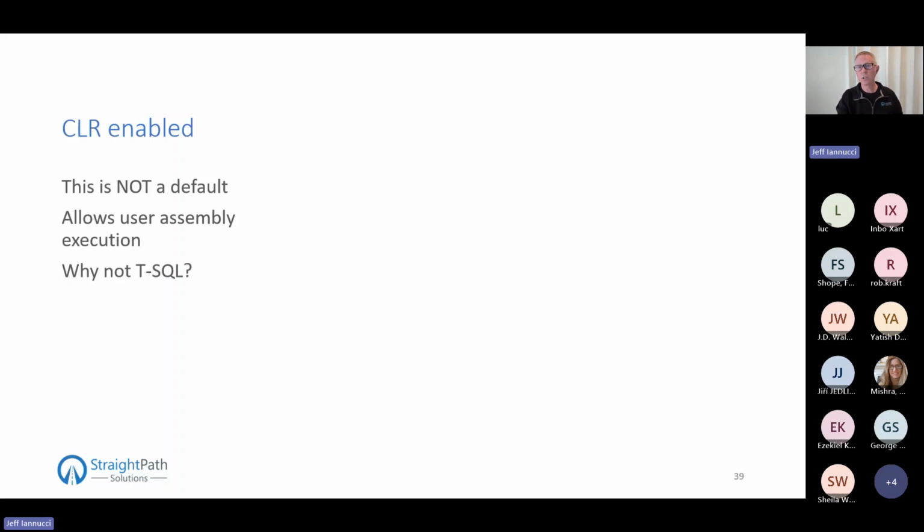So I would say if you are still using CLRs, go back and see why we need these at all, because they're kind of a mysterious little black box that can be doing anything on our SQL Server, malicious or otherwise.